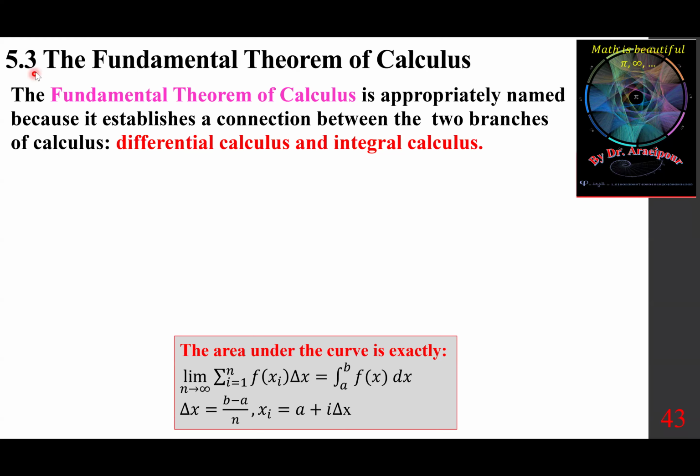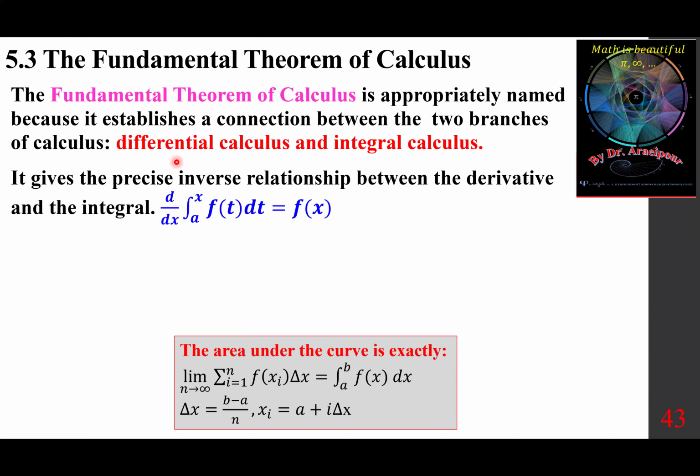Section 5.3, the fundamental theorem of calculus, short FTC. The fundamental theorem of calculus is appropriately named because it establishes a connection between the two branches of calculus, differential calculus and integral calculus. It gives the precise inverse relationship between the derivative and the integral: d dx of the integral from a to x of f of t dt equals f of x.